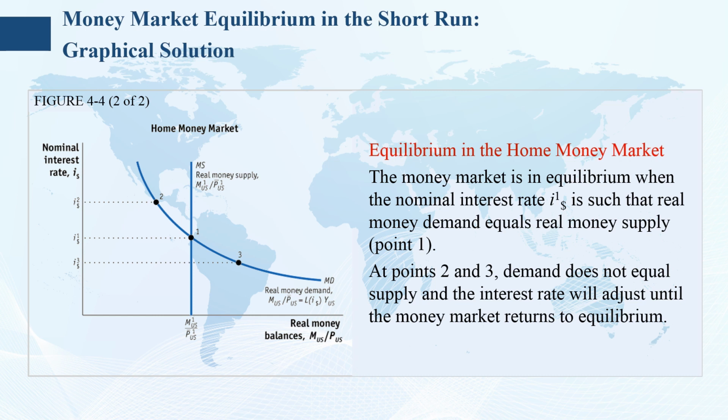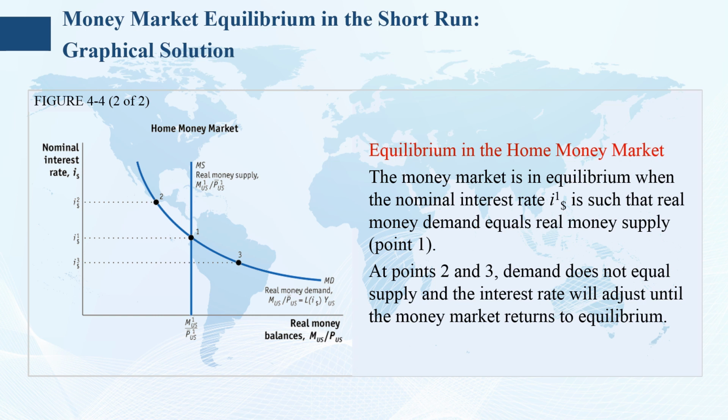That is, they will save more and seek to lend their money to borrowers. So the interest rate will be driven down. In Figure 4.4, we move from point 2 back toward equilibrium at point 1.